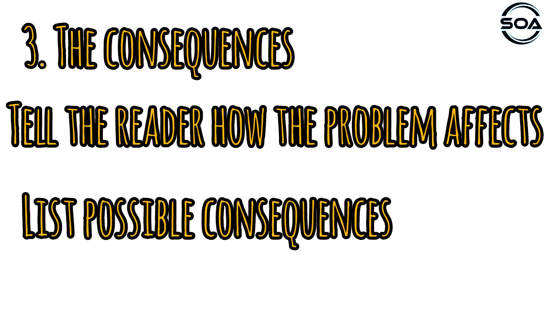So you are going to list the possible consequences, such as loss of time, money, resources, human life, or productivity. It's important to give relevant data and research to support your paper or your article. So this is very important again.